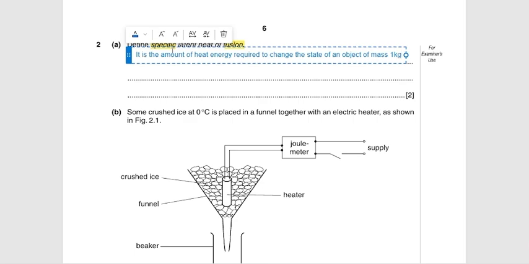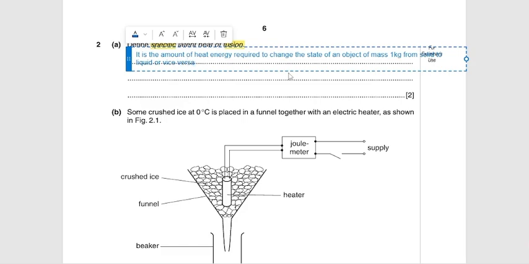Writing this mass means you're talking about specific. If you omit this mass 1 kg, that means you're talking about just latent heat of fusion, from solid to liquid or vice versa without a change in temperature.